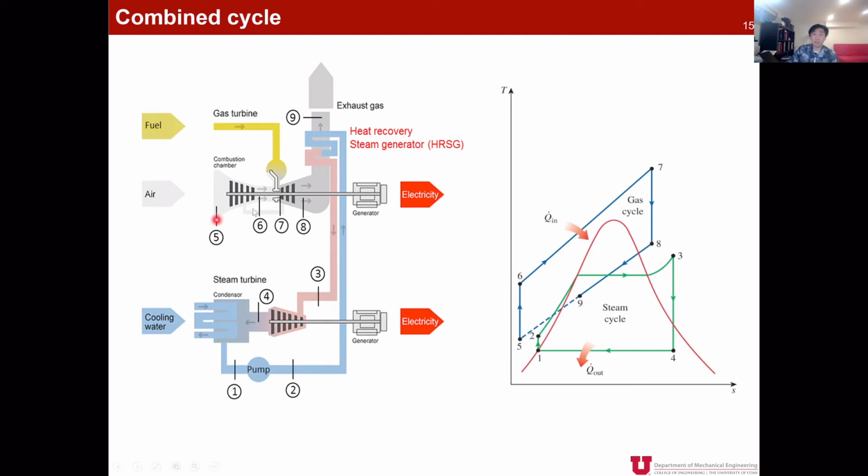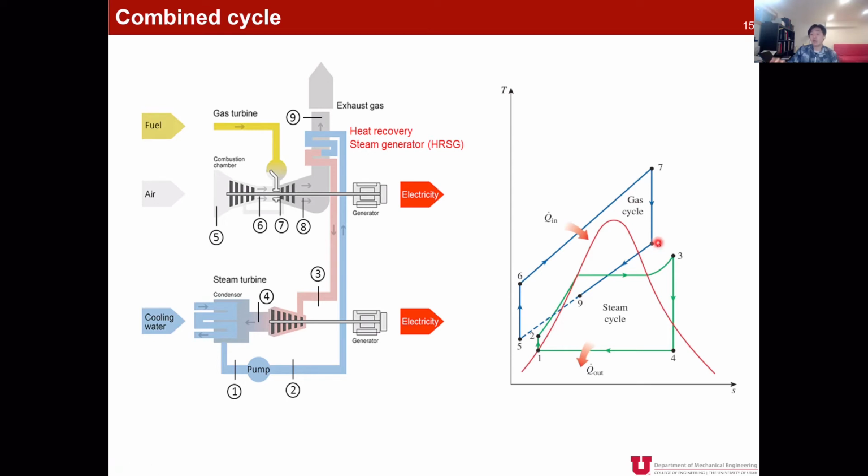So let's talk about 5, 6, 7, and 8. And as you see, we start from almost the air temperature, around room temperature. So from 5 to 6, we have a compression process, and from 6 to 7, we have heat addition to the Brayton cycle in the gas turbine. And now 7 to 8, we have an isentropic expansion process in the gas turbine.